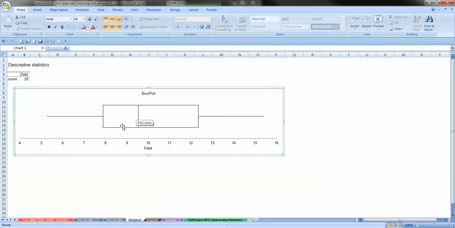So 25% of the data points are here, from the first quartile to the median, and from the second quartile to the third quartile is 25% of the data points. But there's a greater range between the median and the third quartile than there is between the first quartile and the median. So that means this data is spread out further.